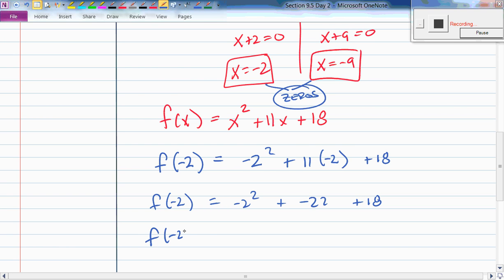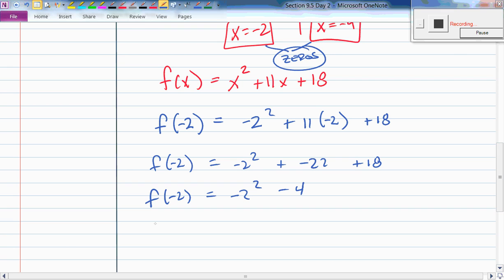How much is negative 22 plus 18? Negative 4, right? So there's going to be a negative 2 quantity squared, and then a minus 4. How much is negative 2 squared? 4. So f of negative 2 is now equal to 4 take away 4. What does that give us? 0. So f of negative 2 is equal to 0.